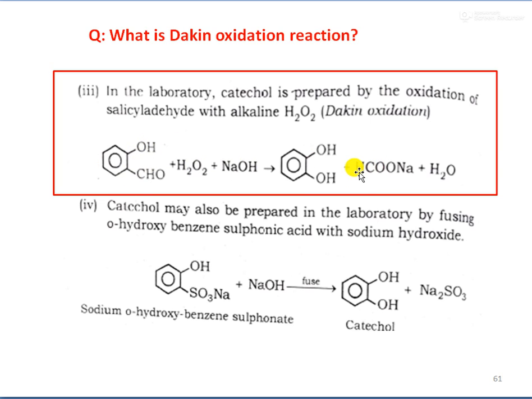So HCOONa will leave. There is sodium formate, it will leave, and water is another byproduct. So this is the Dakin oxidation. So catechol is prepared by the oxidation of salicylaldehyde with alkaline hydrogen peroxide. This reaction is called Dakin oxidation.